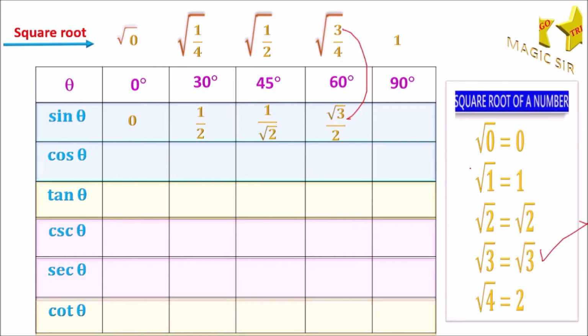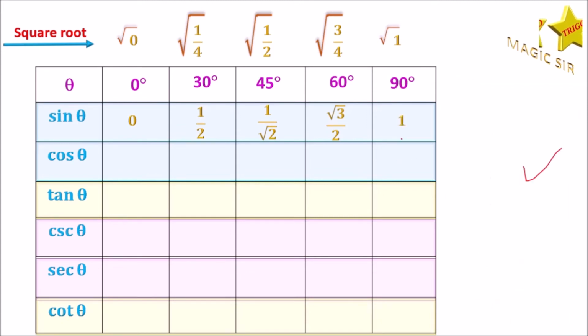Square root of 3 is root 3 and square root of 4 is 2. So sin 60 degrees is equal to root 3 by 2. For 90 degrees, square root of 1 is 1 itself. So sin 90 degrees is equal to 1.